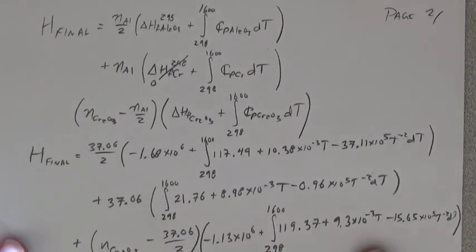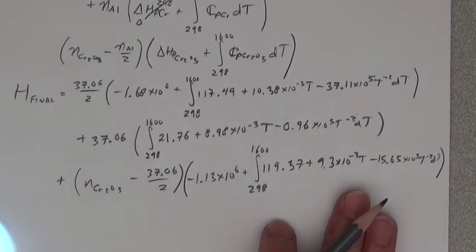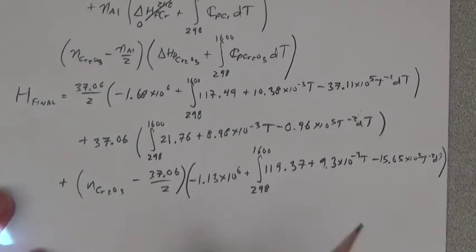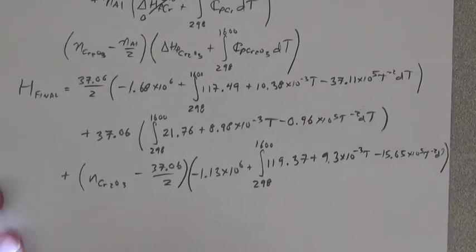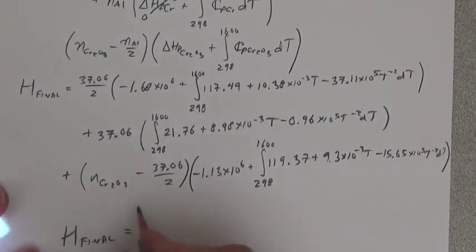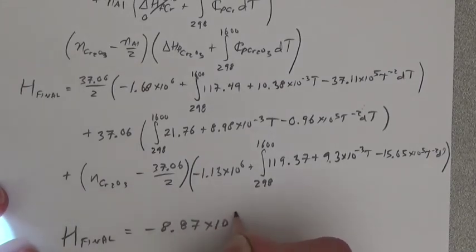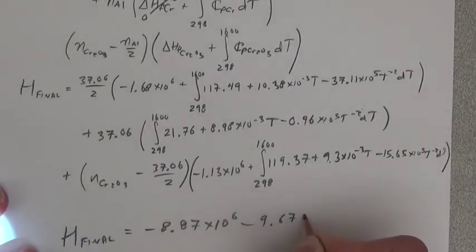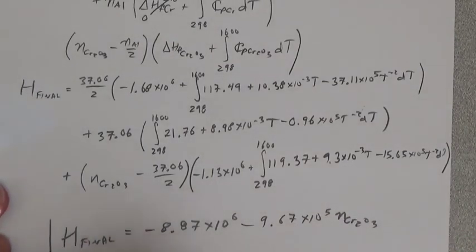Okay, so we got all that. Let's simplify the integrals now, and that gives us H final is equal to negative 8.87 times 10 to the 6 minus 9.67 times 10 to the 5th times N_Cr2O3.